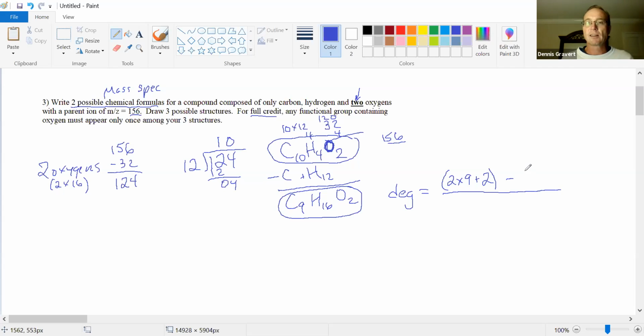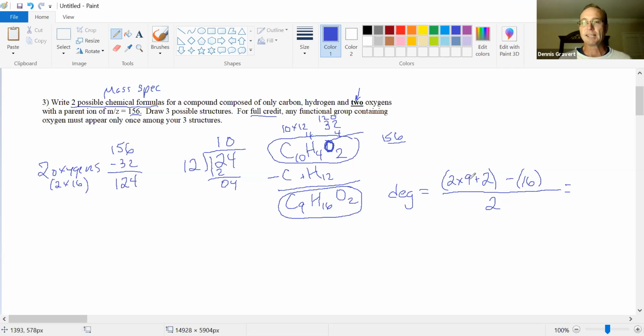And then you need to subtract your actual number of hydrogens, 16, and then adjust for any halides or nitrogen. There are none here. And you can ignore the oxygen, counts as 0. The letter O looks like a 0. That's how I remember it. And then you have to divide the whole thing by 2.